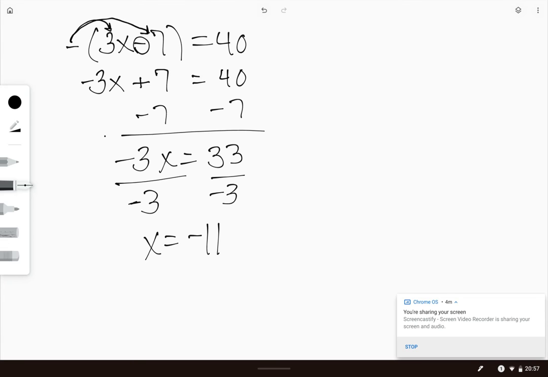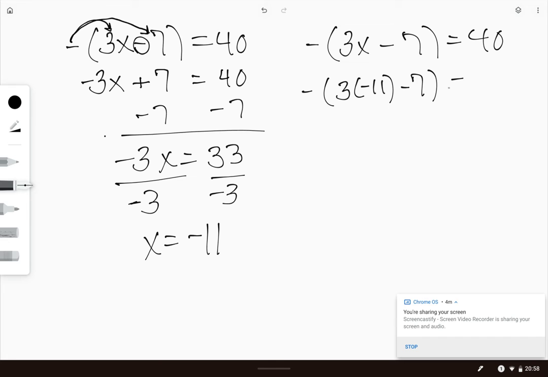Now, if we were to do the same thing and check our work and substitute negative 11 back into my original equation, I would have negative 3x minus 7 equals 40. So again, if I substitute that negative 11 in for x, so now I have the negative on the outside still.